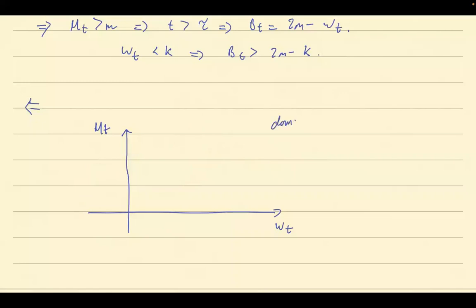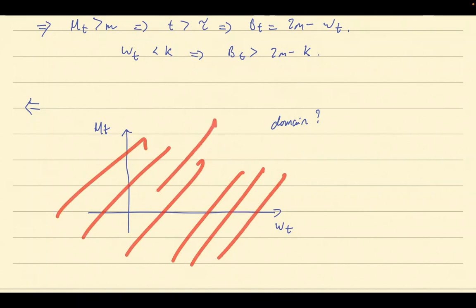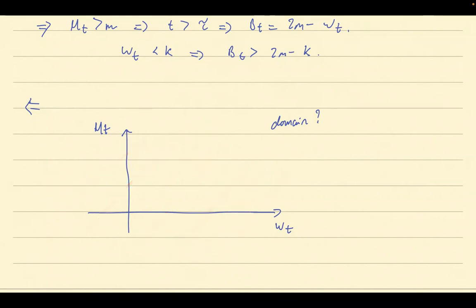When you look at the domain of the joint distribution of two random variables, what's the domain? Is it everything? By domain, I mean the support of the pair of random variables, where they take non-zero density. You understand what I'm trying to say?